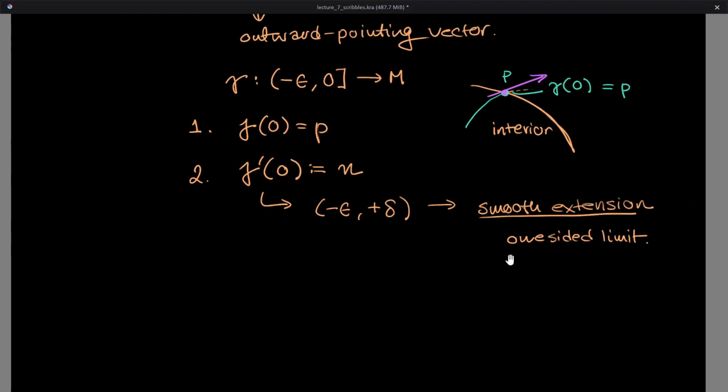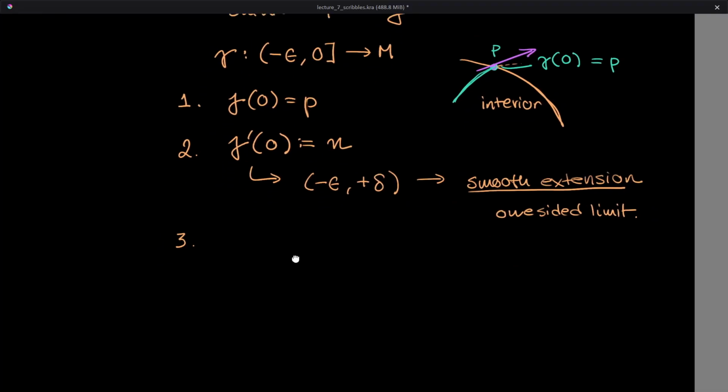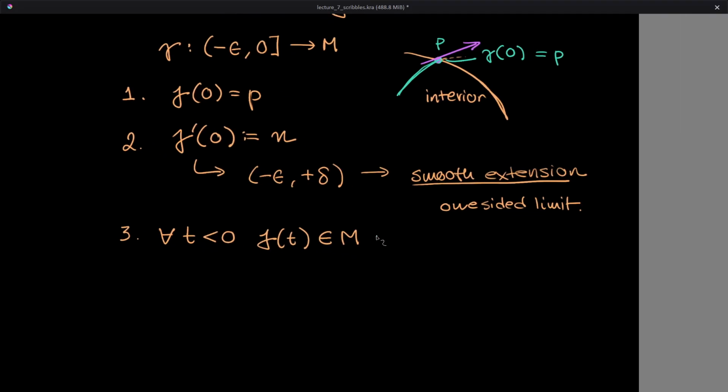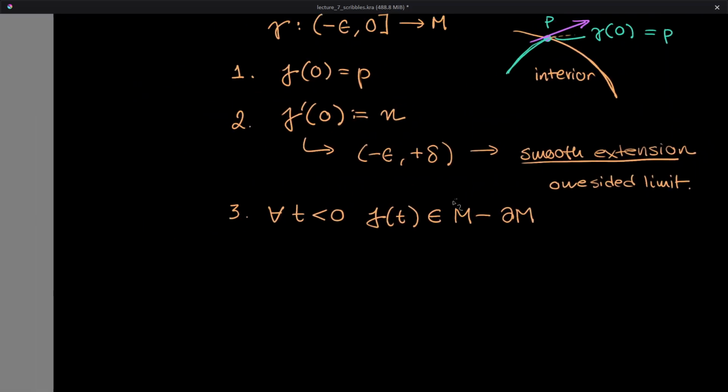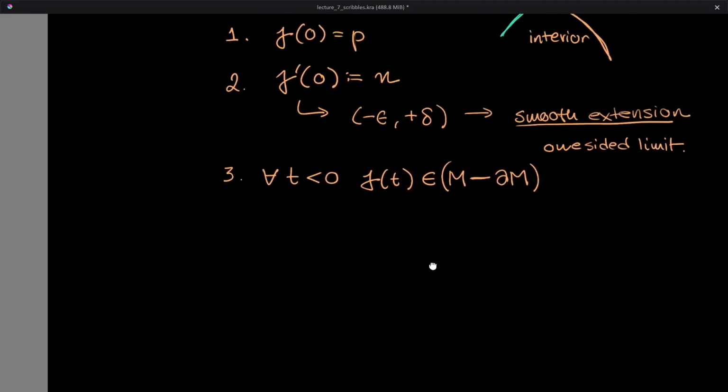I've already alluded to it, but every other value of gamma is going to be negative. For all t less than 0, gamma of t is an element of M minus the boundary, so it's in the interior. We don't have a fancy name for that, so we're just going to call it M, set exclusion del M. So this is the interior.